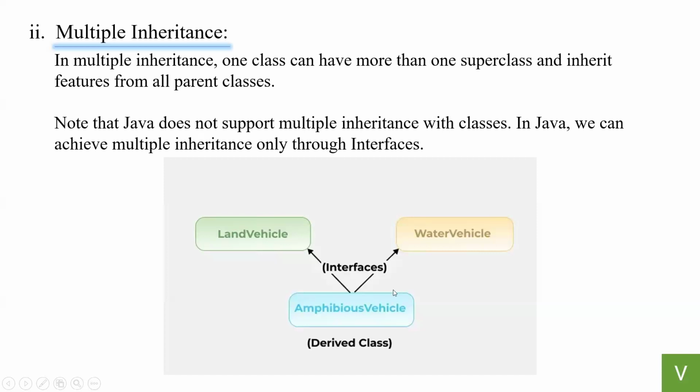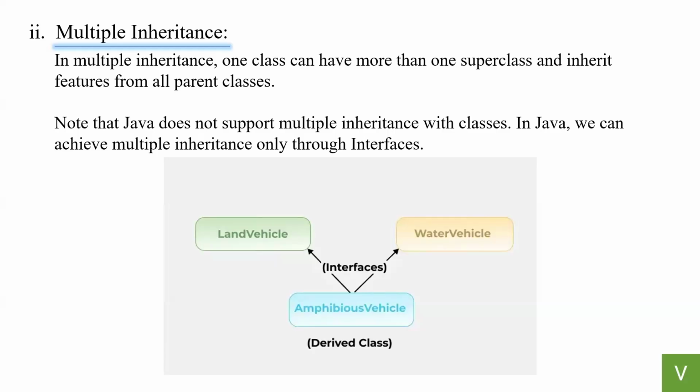While deriving the child class from both parent classes, the compiler doesn't understand which variable to store or which variable to access. Because int a is present in both parent classes, this leads to the ambiguity problem in Java. To overcome this, we use the concept of interfaces.